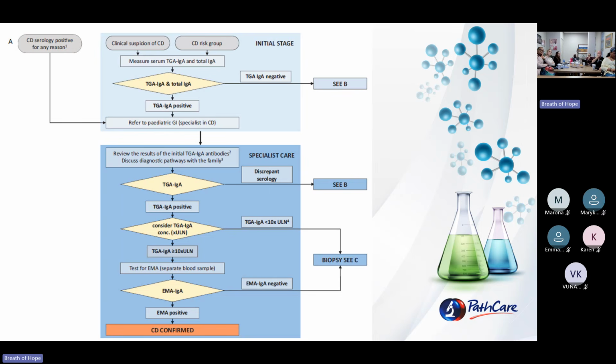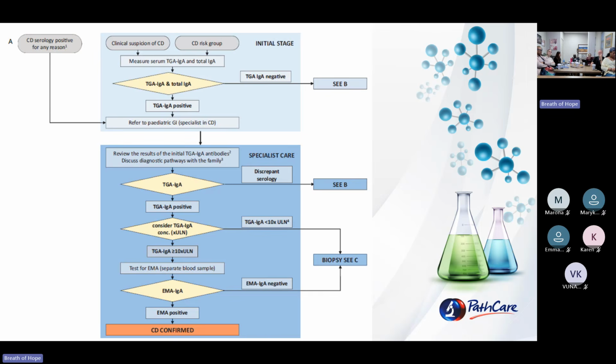If a patient presents with a clinical suspicion of celiac disease, or if they're in a high-risk group, for example with a family history of celiac disease, it's recommended that you measure the serum tissue transglutaminase IgA and total IgA. If that is negative, then we look at the next section. But if it is positive at the primary care level, then they recommend referral to a specialist.